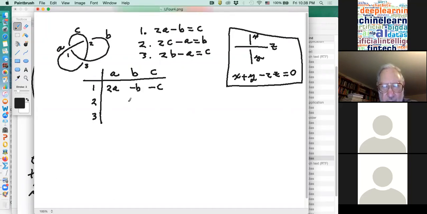Crossing number 2, I have 2c minus a minus b. And I have 2b minus a minus c. We're writing this in the matrix form of a system of equations. So this is our system of equations.